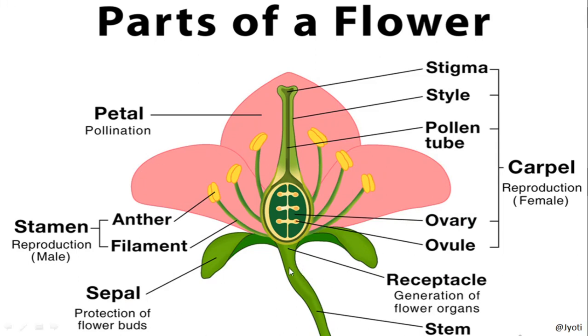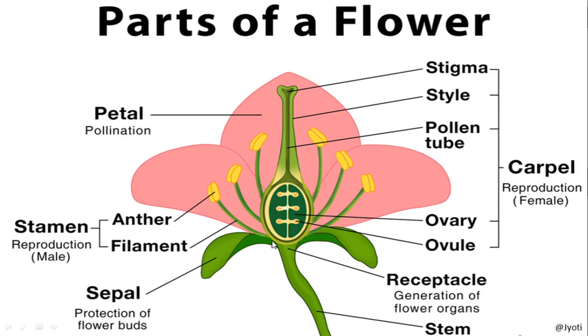So as I said, the flower has a stalk, that stalk is called pedicel, and with the help of this pedicel it is attached to the stem. Now this part is the terminal part of the pedicel.